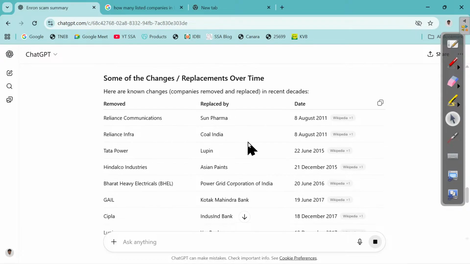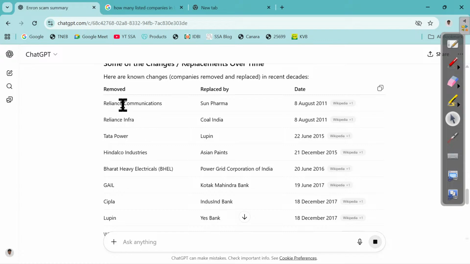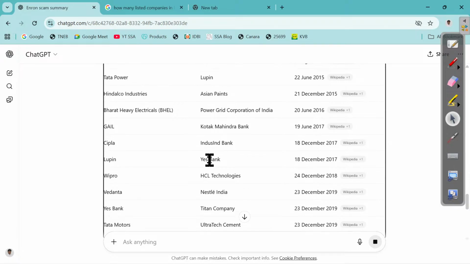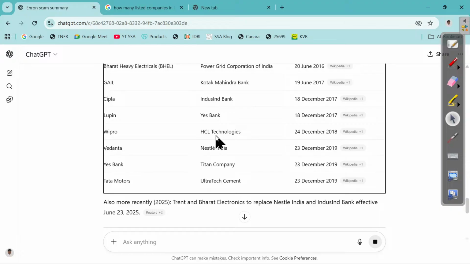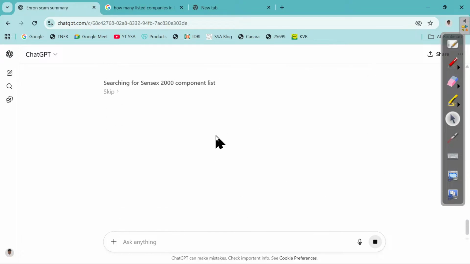Reliance Infra was replaced by Coal India. These two are Anil Ambani companies that went bankrupt and moved out, and Sun Pharma and Coal India came. Tata Power was replaced by Lupin. Hindalco was replaced by Asian Paints. BHEL, Power Grid Corporation, GAIL. So these companies are not static. These companies are always moving, right?